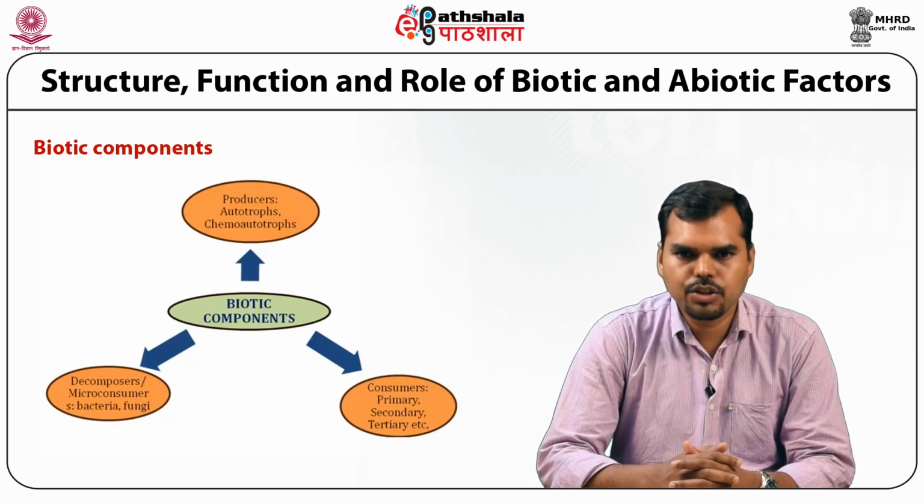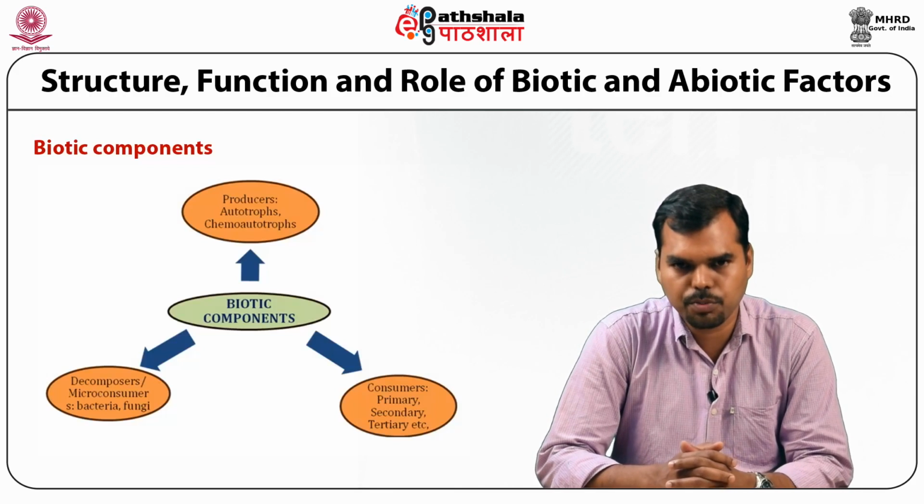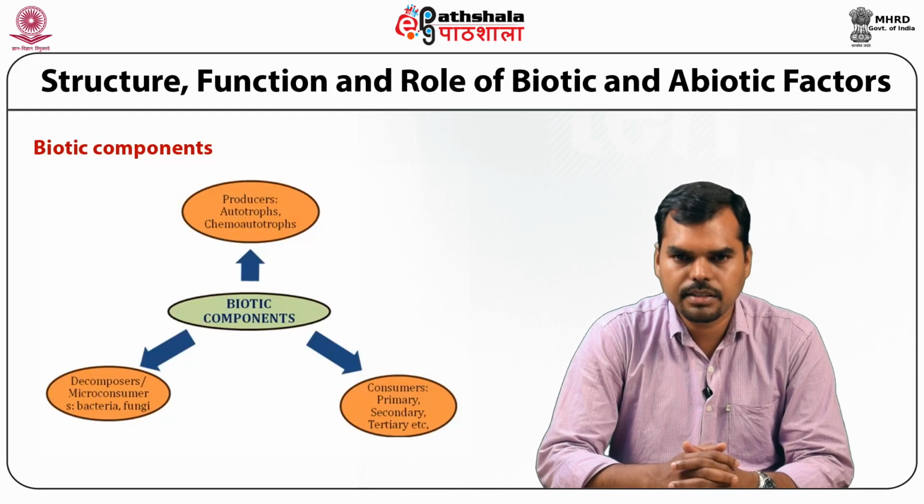How about consumers? The consumers feed on the primary producers, that is mainly plants. Those that consume plants are called primary consumers, followed by secondary consumers and tertiary consumers. All kinds of animals found in the ecosystem come under the consumer category.